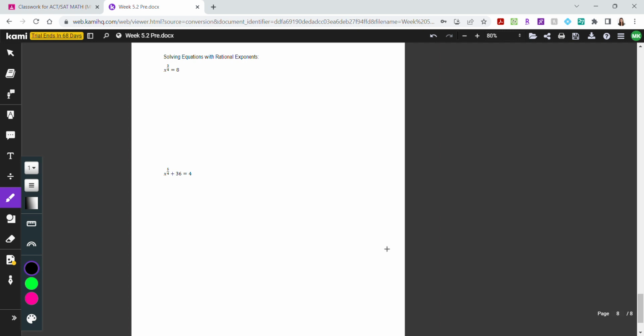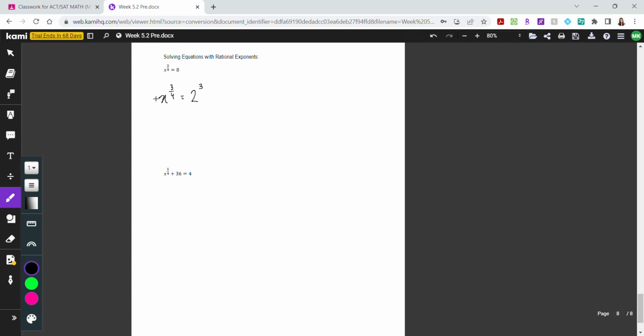Let's see, I'm actually going to simplify my 8 first. I know for a fact that 8 is equivalent to 2 to the power of 3. All right. Now from here, I have 3 over 4 also on my x over here.